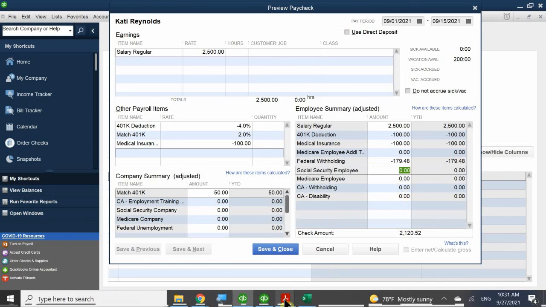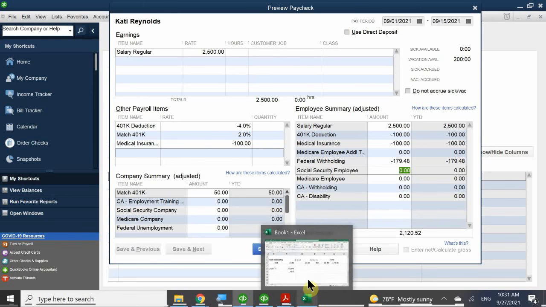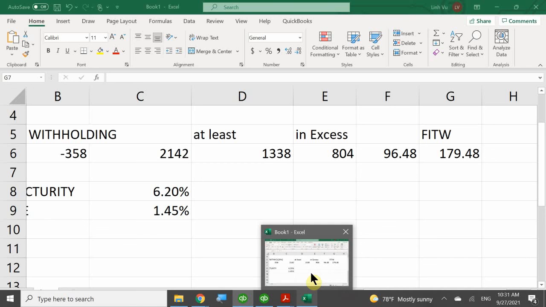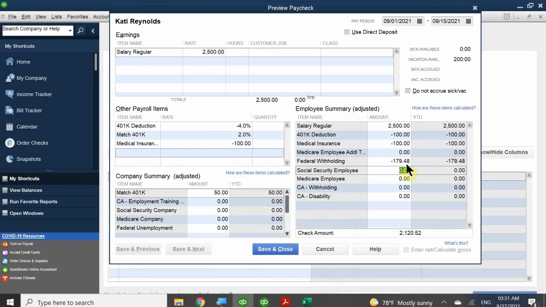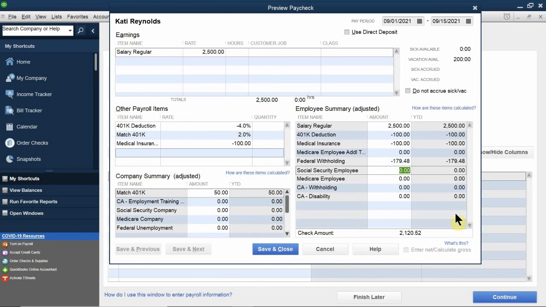If you look at my table here, I've already made a reference that Social Security is 6.2% and Medicare is 1.45%. I can go ahead and just plug it in right here by using quick math. But for the federal income tax withholdings, there's much more to it than just plugging in numbers. You have to look at the table, look at what this is, look at what that is. Your Social Security and your Medicare are based off your gross wages.